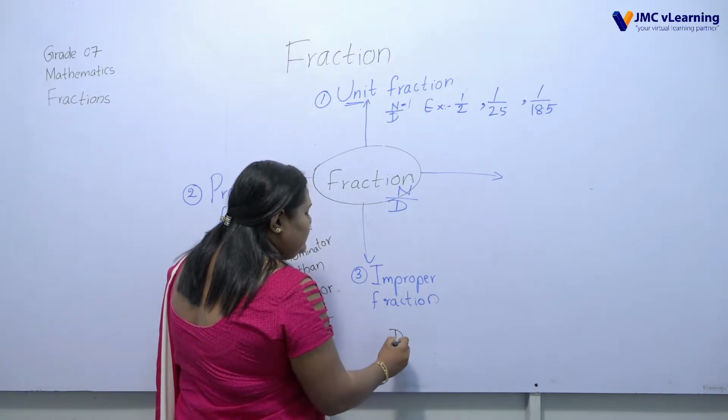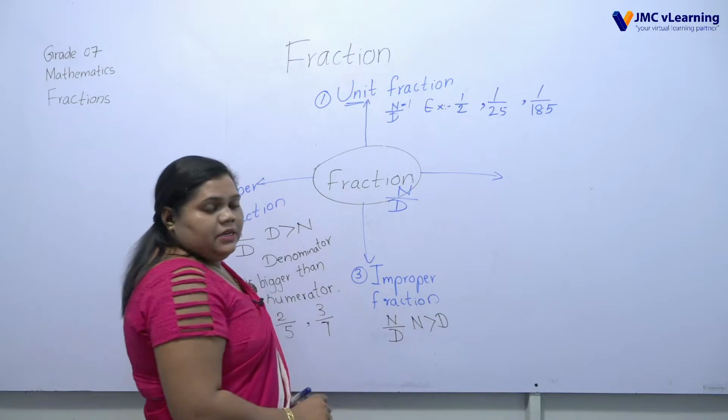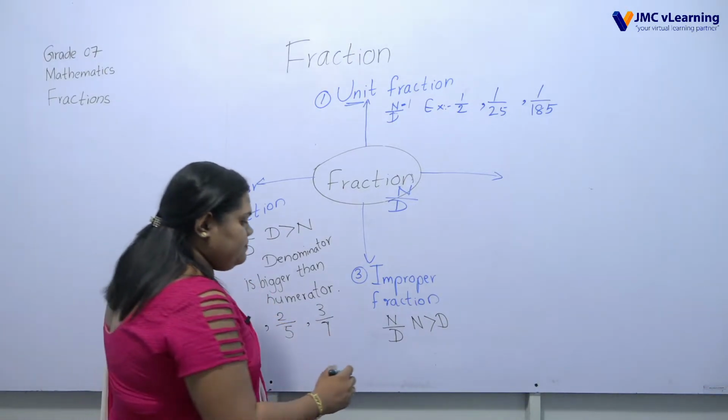It means if we write like this, the numerator is bigger than the denominator. So we can call that one an improper fraction.